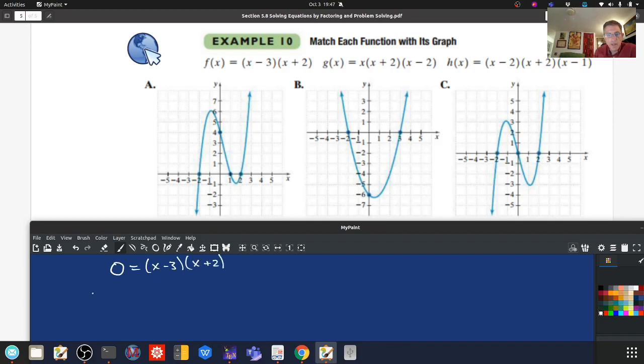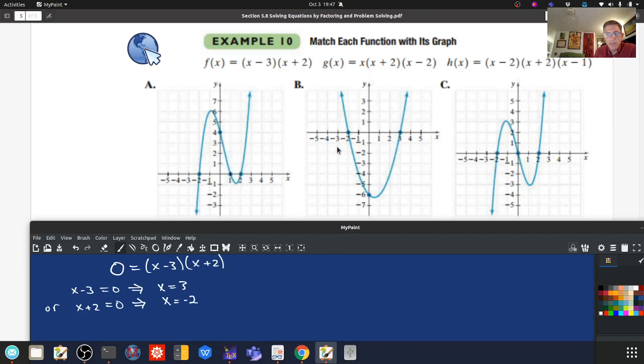So this implies x minus 3 is equal to 0, or x plus 2 is equal to 0. So this crosses the x-axis when x is equal to 3, because if x minus 3 is equal to 0, that implies x is equal to 3. And if x plus 2 is equal to 0, that implies x is equal to minus 2.